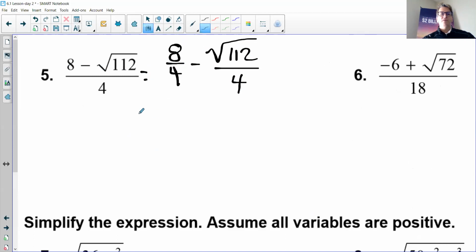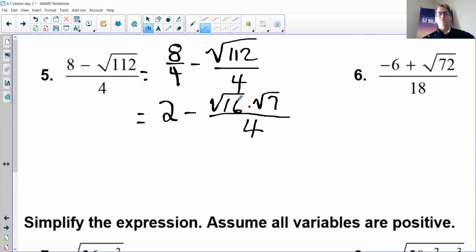So if I break that up, this is going to be 2. Now 112 is 16 times 7. So square root of 16 times the square root of 7, and that is over 4.